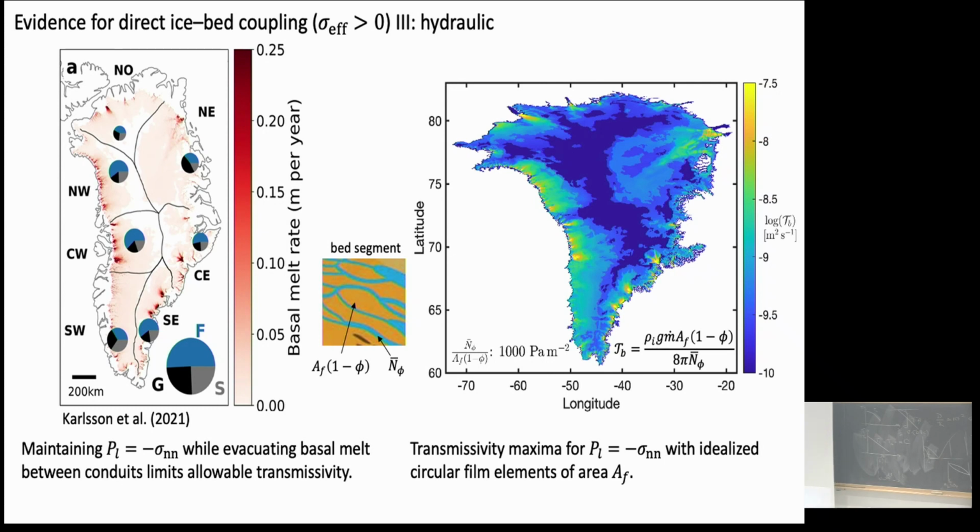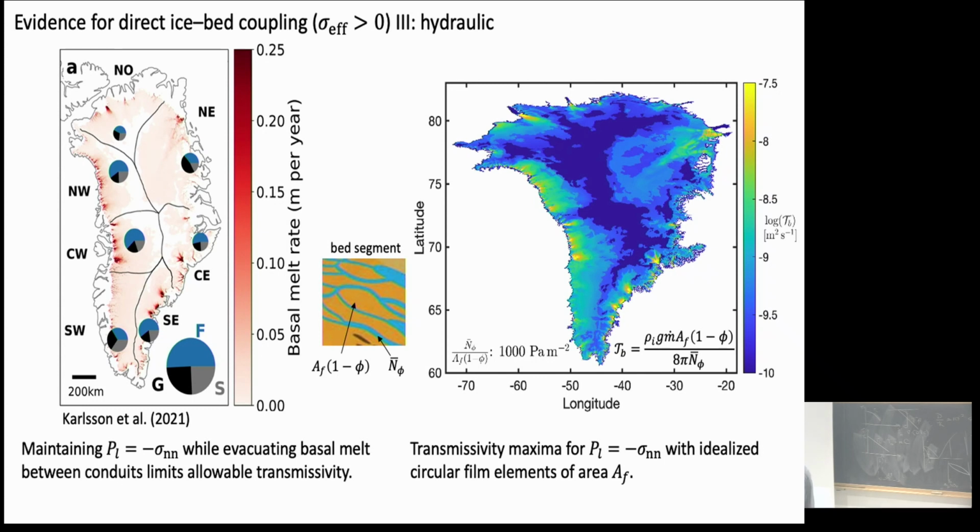And we could ask, for a melt rate that we can get out of this data, what would the transmissivity, what would the flow characteristics of the porous medium underneath this ice need to be in order to allow the water pressure and the ice pressure to be the same? So in other words, I would need to make it really, really hard for the water to squirt out somewhere else in order to allow the water and the ice pressure to stay equal to each other. Otherwise, the water is just going to squirt away and we'll have a difference.